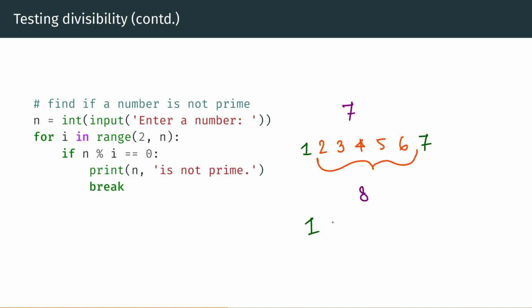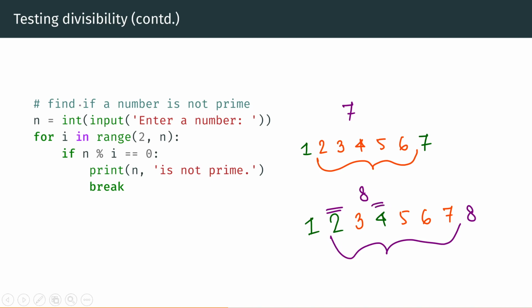It is divisible by 2. It's not divisible by 3, but it is by 4, not 5, not 6, not 7, and then 8 again. Because apart from 1 and 8, it is divisible by 2 and 4, 8 is not a prime number, right?